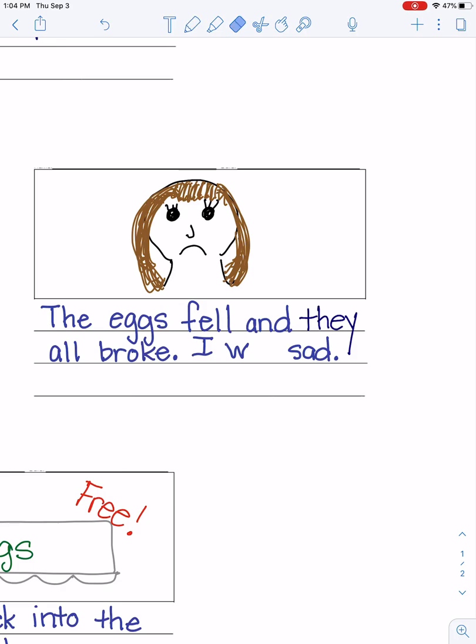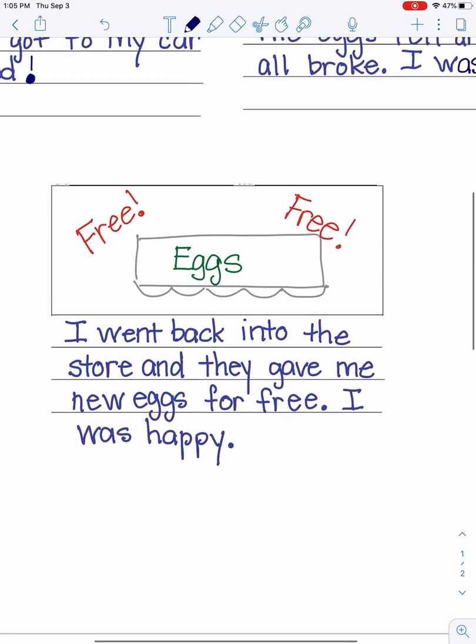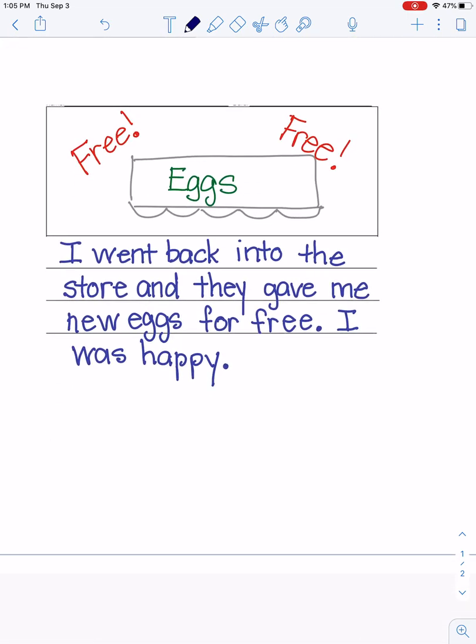That's how it sounds, but that's not how it's spelled. And I know because I can use my word wall, and I've seen that in my reading before. I was sad. I went back into the store and they gave me new eggs for free. I was happy. I could maybe leave that alone or just change that to an exclamation point.